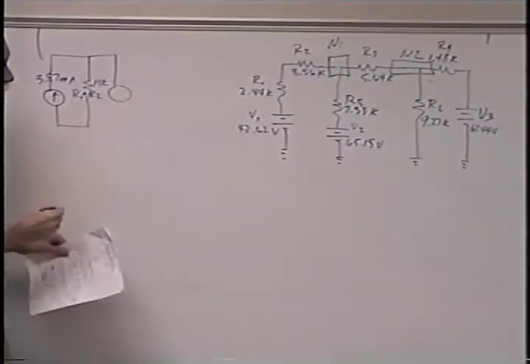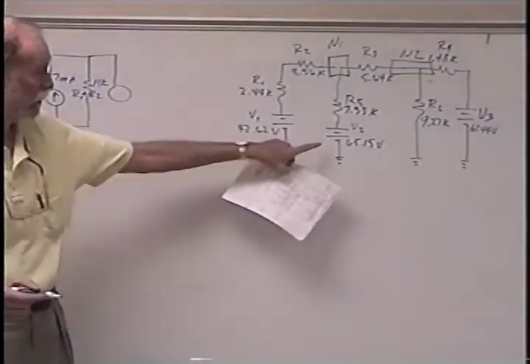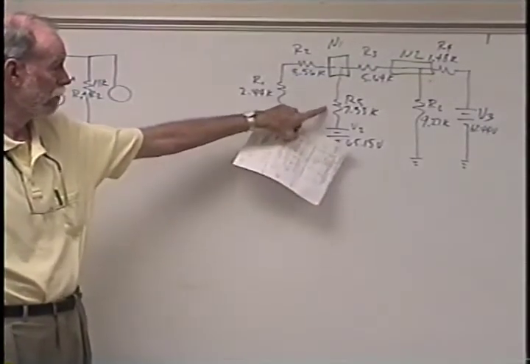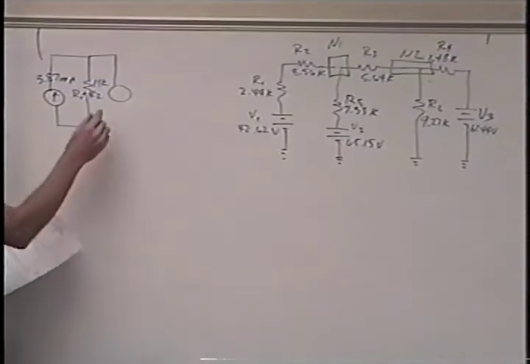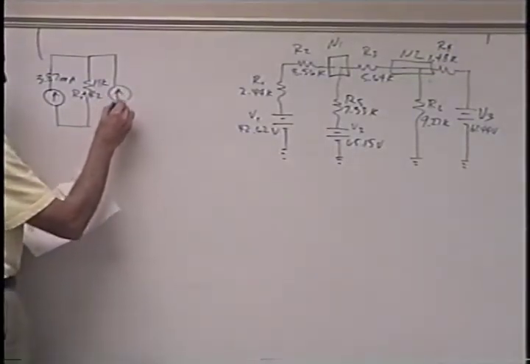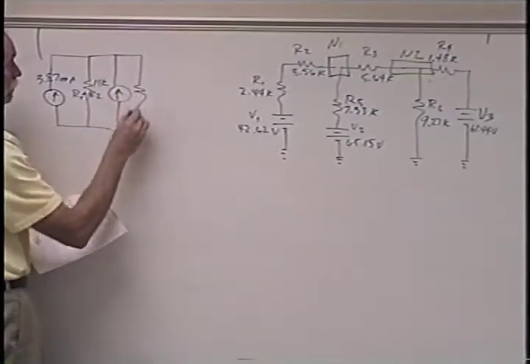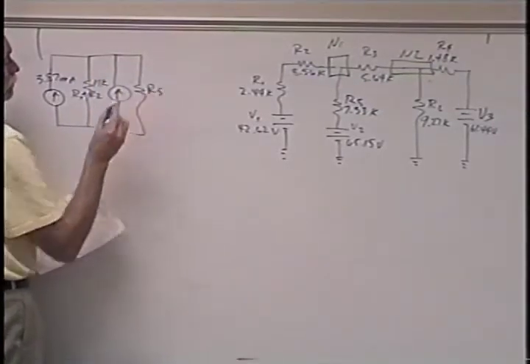Then I've got another current source that's going to represent V2, 65.15 volts, divided by R5. And then I've got R5, of course, here.